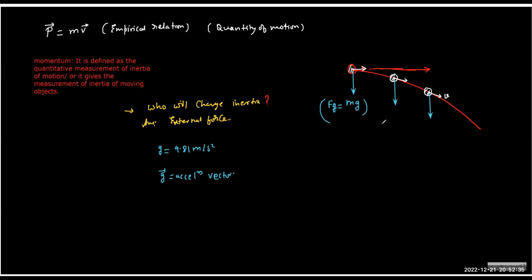So the first law itself is the law of inertia, isn't it? So either you call it the first law or you call it the law of inertia, it is the same. And it was not given by Newton, it was given by Galileo first. So Newton's first law was simply the coding of Galileo's observation.